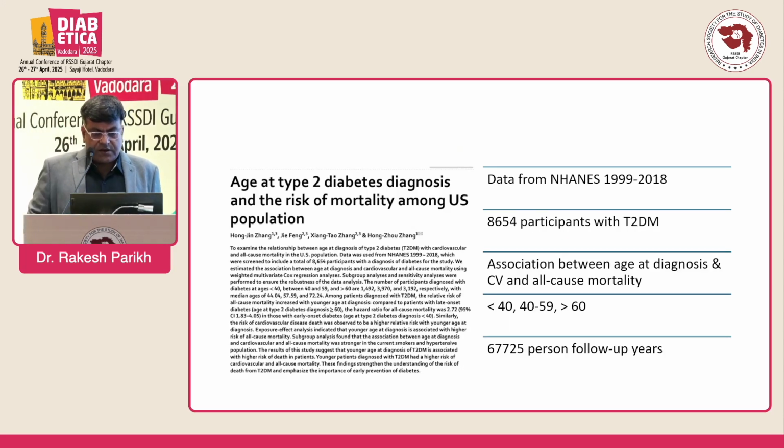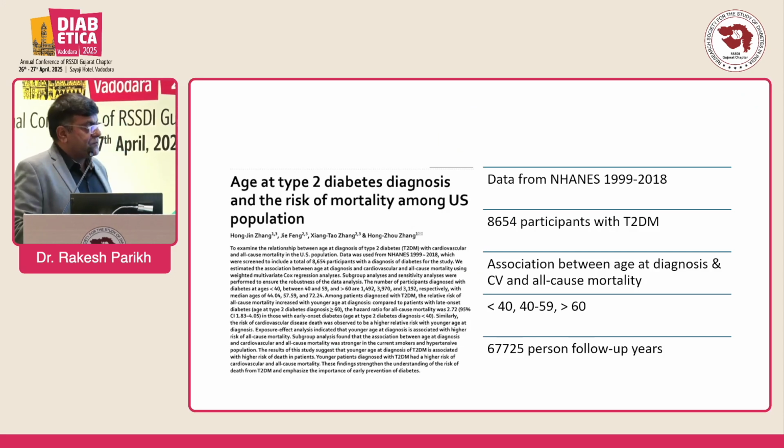This is a study from NHANES data, which was collected from 1999 to 2018, 8,000 participants. And then again, they looked at the association between age at diagnosis and CV and all-cause mortality. They divided into 3 groups: less than 40, 40 to 59, more than 60. And they had a total follow-up of 67,000 person-years.